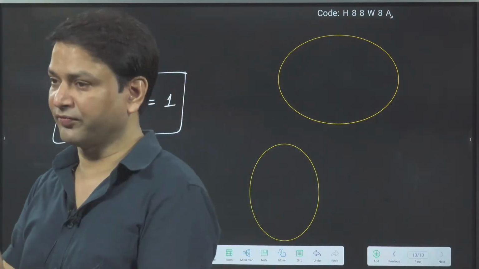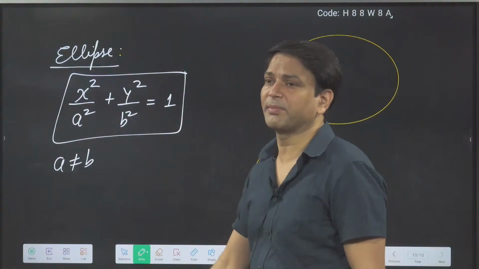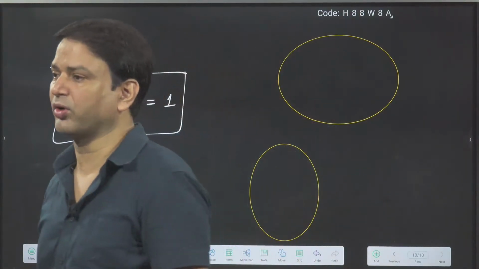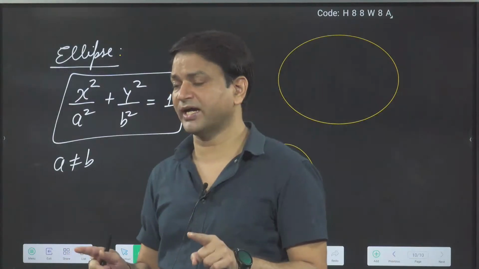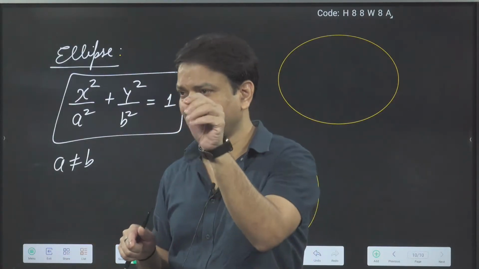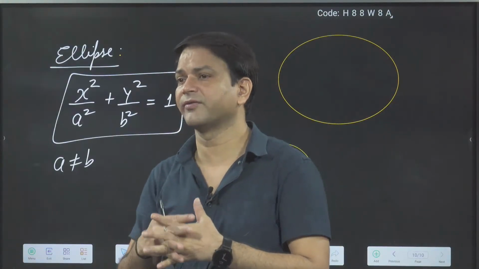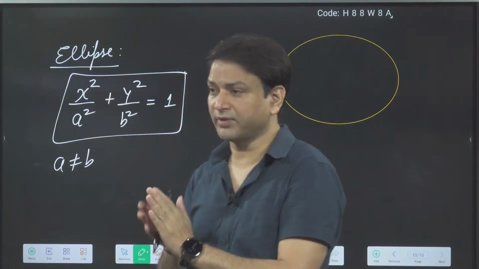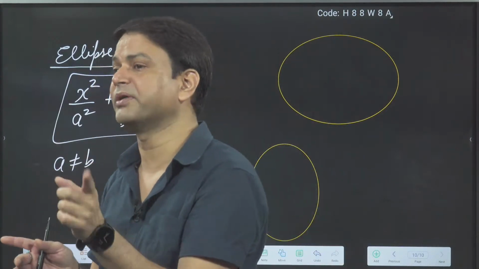What we get in physics is what we have to know. So here x square by a square plus y square by b square is equal to 1. If you get this type of equation, how will we check? X square and y square terms will be there, separated by the plus sign, their denominators are different, and the right-hand side is 1. Then we can say it is the equation of an ellipse if a and b are different.